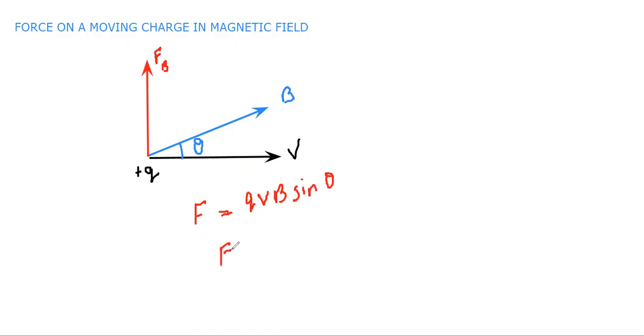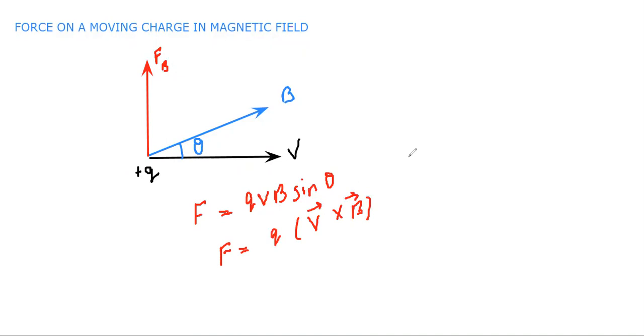Or you can write this as Q V cross B. You can remove sin theta and use the cross product. So this is the magnetic force which acts on a moving charge moving in a magnetic field.